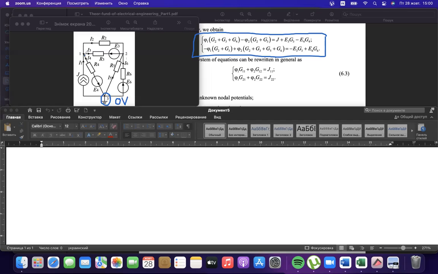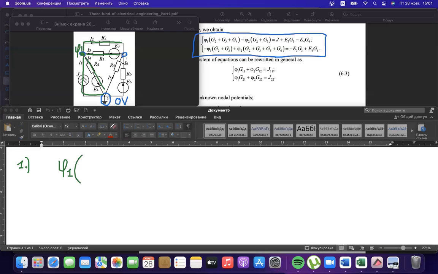And we'll write the equation near point number 1 and point number 2. What are we doing? We start from point number 1, and we take the potential of this point, phi1, always with plus. It will always be positive. Then we connect all branches that are near this potential and implement them into the equation.